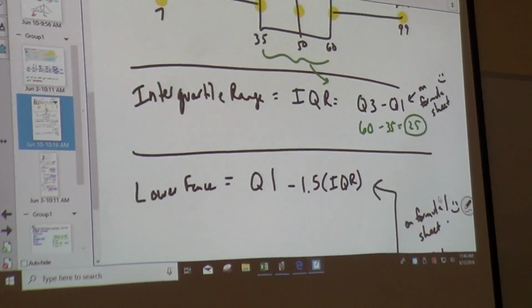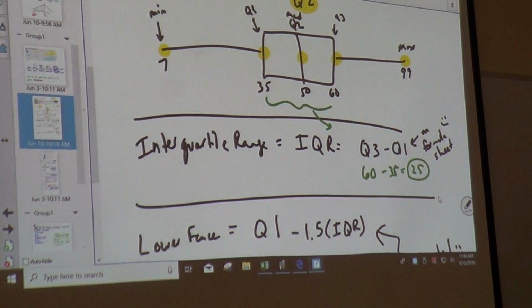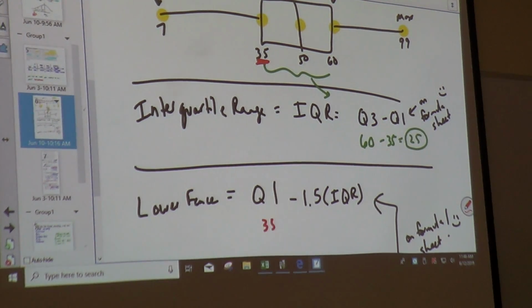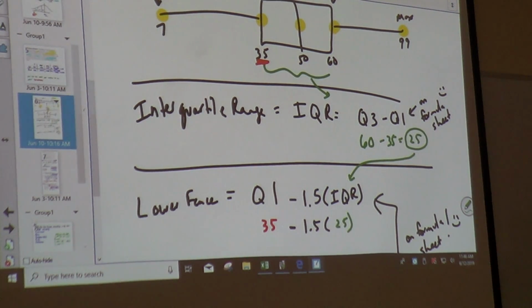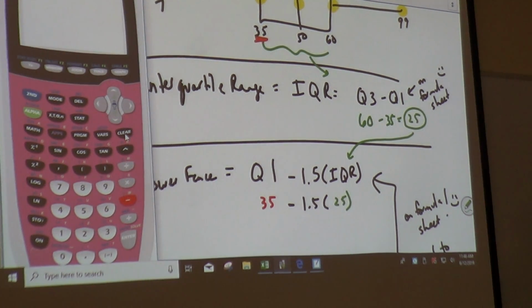So, what was our Q1? Our Q1 was 35, minus 1.5 times the interquartile range, which was my box. So I go to my calculator and start at Q1 and subtract, or go to the left, 1.5 times the size of my box.